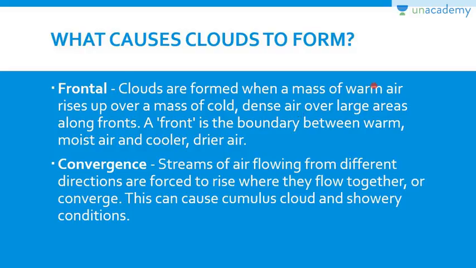Now these are two contrasting air masses, one is warm and the other one is cold and dense, right? So at that place where fronts are formed, there also clouds are formed. Okay, then convergence. Now if there is convergence of air flowing from different directions, right, and if these are forced to rise, right, then also these can cause cumulus clouds and it may cause drizzle.